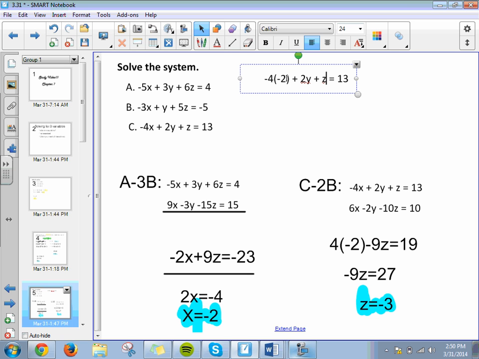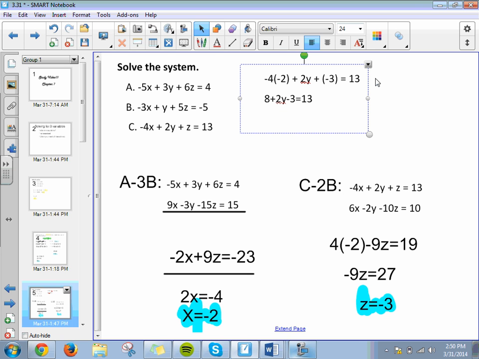Plug in my z, negative 3. And then we'll go ahead, combine like terms, simplify, then combine: 8 plus 2y minus 3 equals 13.